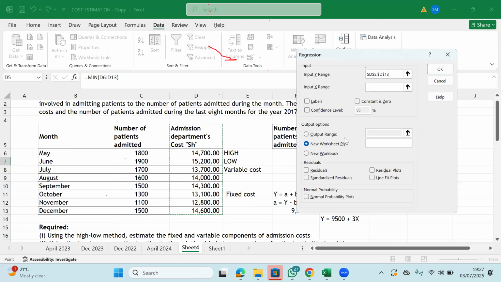Then the X range: again, the same thought process, our number of patients admitted all the way to the last. So basically, those are our Y and our X, the first thing that we need to have in mind.